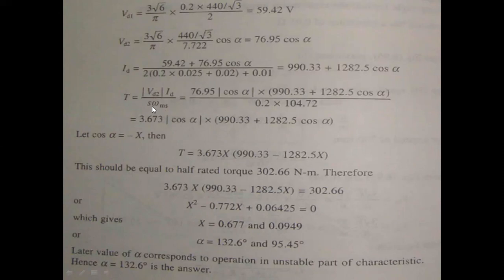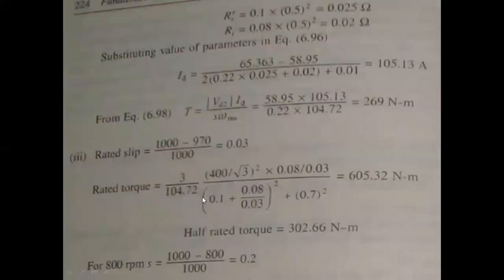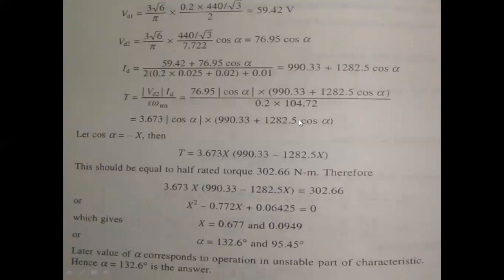So see here, substitute the values of VD with cos alpha and ID with cos alpha in the torque equation. What is the torque equation? The magnitude of VD2, so we have to take the positive magnitude, whether it is positive or negative. So modulus of VD2 ID by S into omega ms, that is equal to VD, which is 76.95 cos alpha, into ID, which is 990.33 plus 1282.5 into cos alpha, by S into omega ms. We have to take the slip at 800 RPM, so S is equal to 0.2 into omega ms, 104.72.